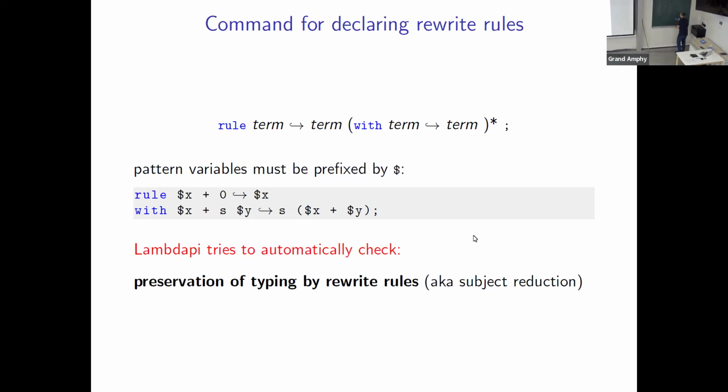So confluence, you remember, perhaps. You start from a term T, you reduce to possibly two different terms, and then you need to be able to close this diagram.